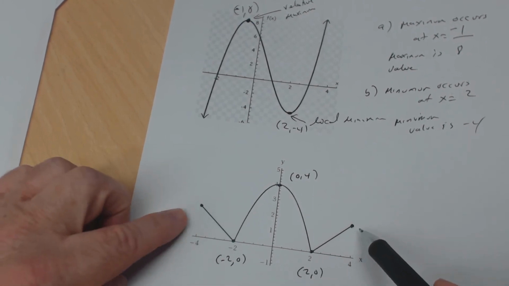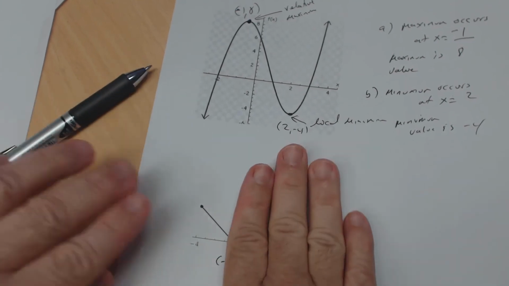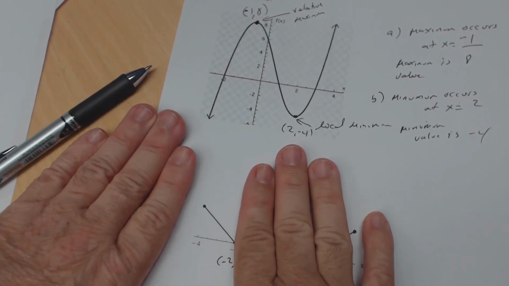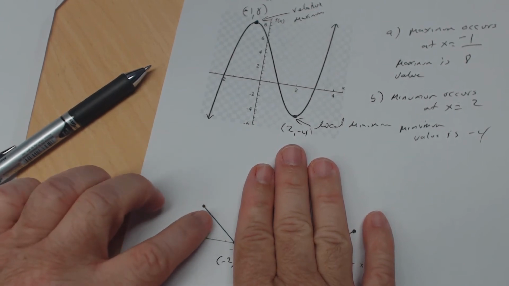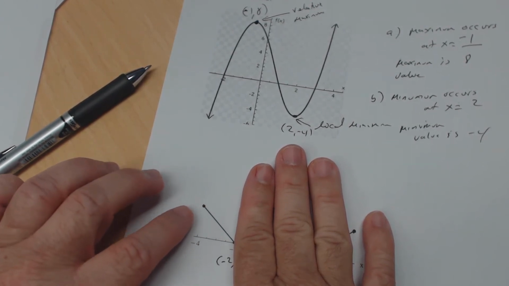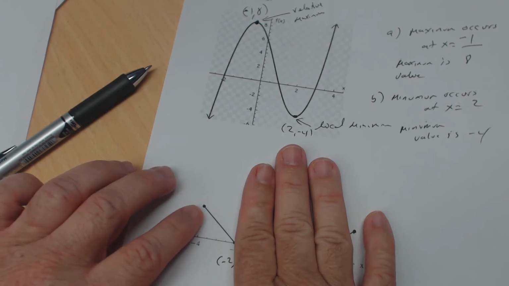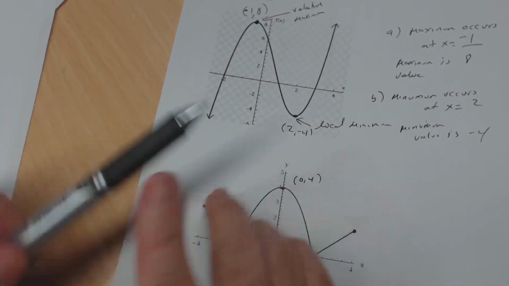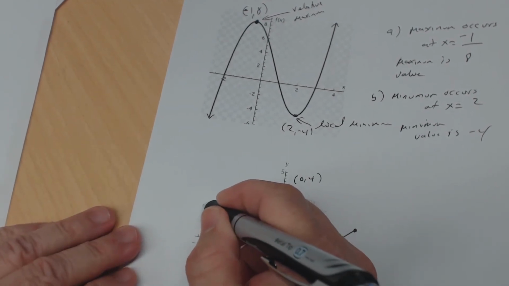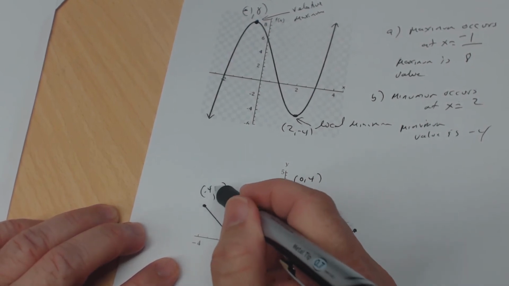All right, now let's talk about this. That's not an arrow here, so it stops. So if I cover all this part here, when you talk about where the local maximum or minimum occur, you're looking at the y values that are close to it. If I label this point here, that is negative 4, 2.